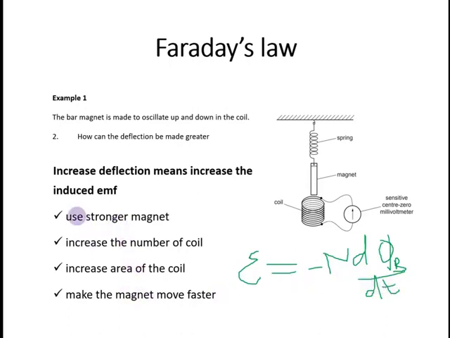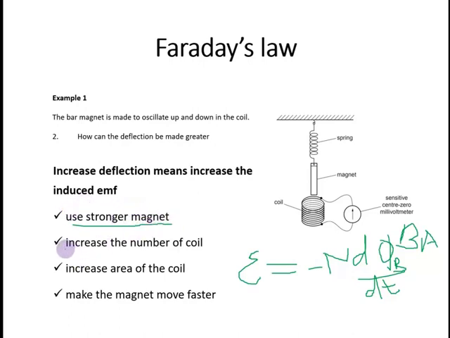I could make the phi this whole thing BA. So the flux here is BA. So if the magnetic field is stronger, then the induced EMF is going to be stronger. So one way is to make the magnetic field stronger.